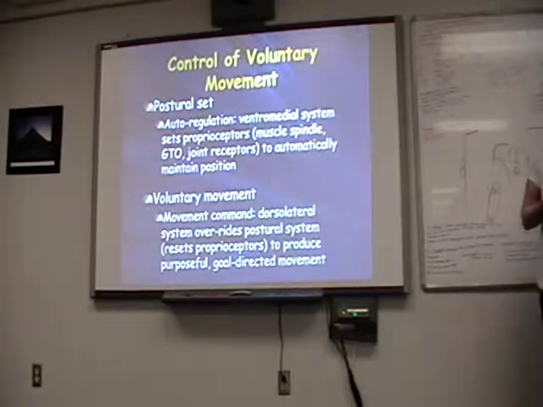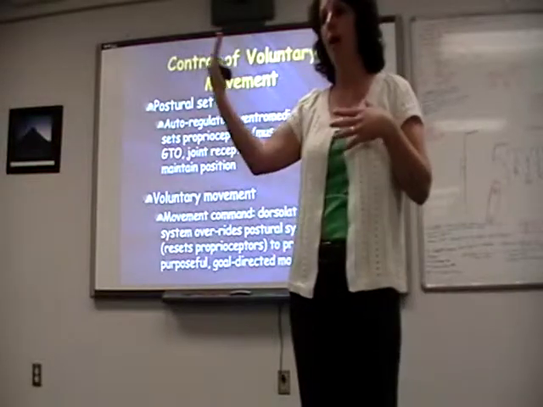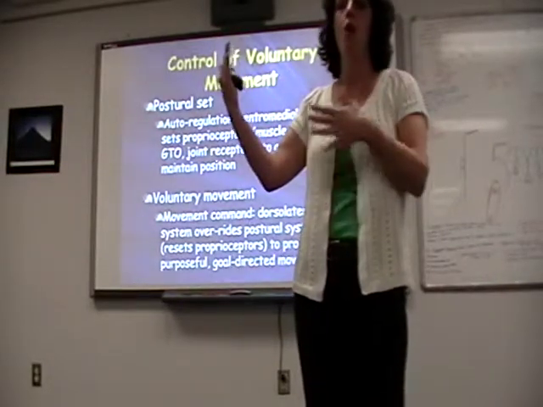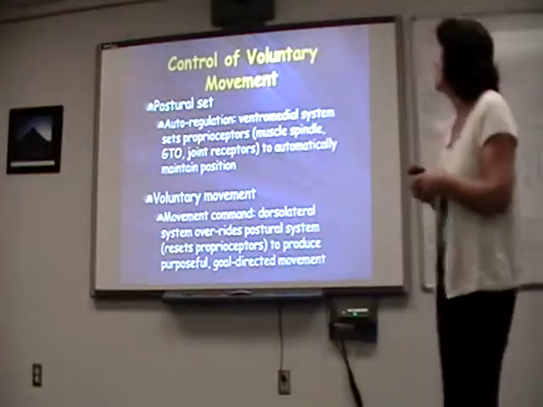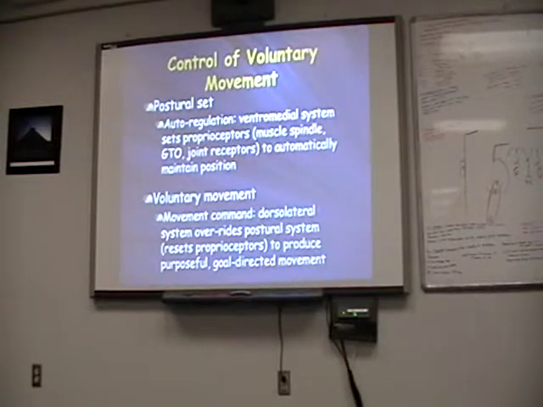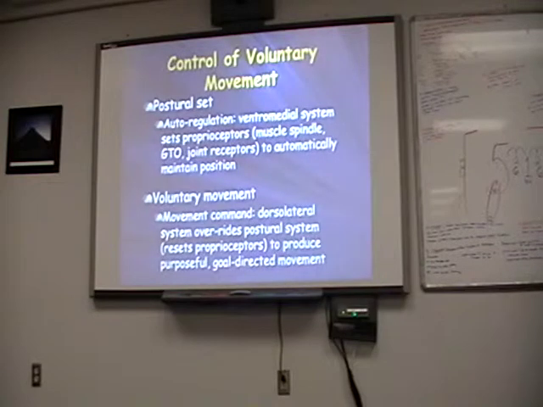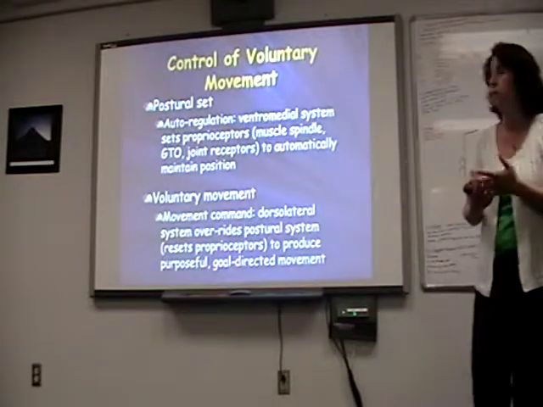Okay. So again, we've got the two types of movement that have to work together. So this is like the classic parallel processing. We've got to have your postural set and your voluntary movement always being activated together. So it's, again, a lot of the postural set is very subconscious, automatic maintaining position, whether you're reaching, whether someone's trying to push you over, whether you're catching a ball, versus the voluntary movement, which is typically going to be our dorsolateral system.